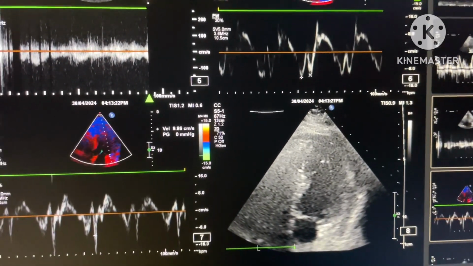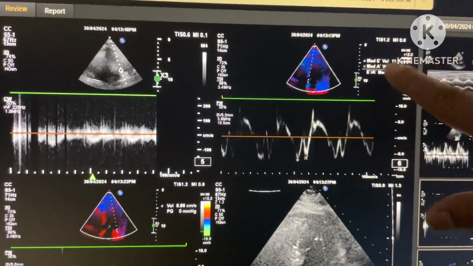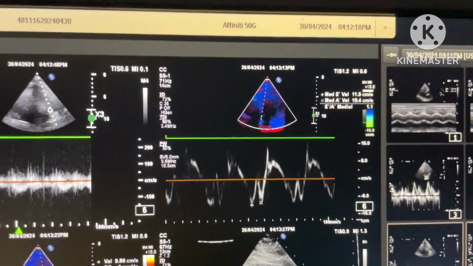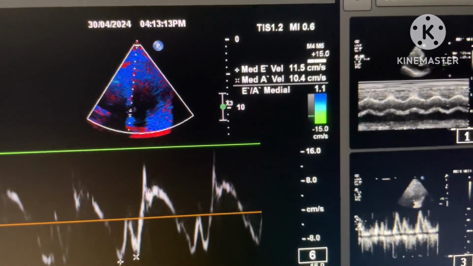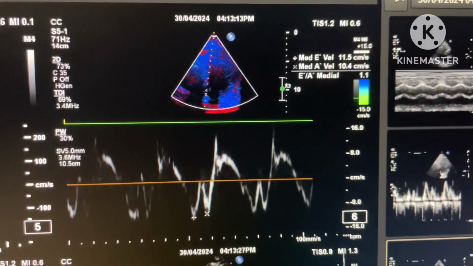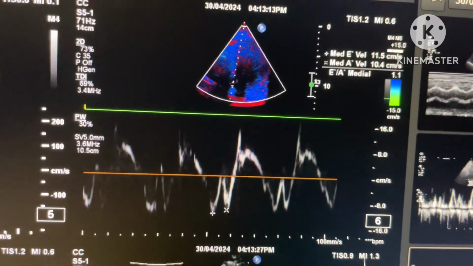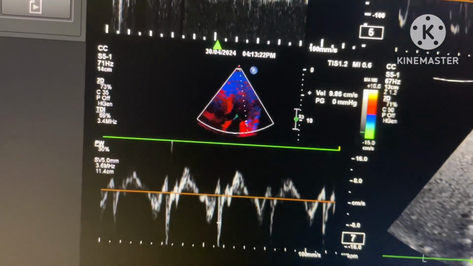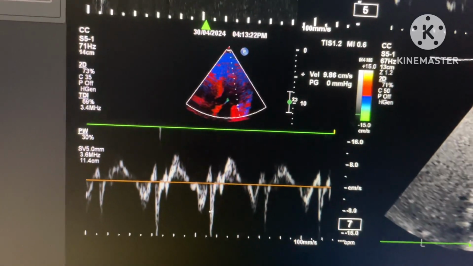This is the medial annulus, and the velocity is 11.5 centimeters per second. You can see the cursor at the medial annulus of the mitral valve. And in this image, you see the cursor is on the lateral annulus of the mitral valve, and the velocity is less.